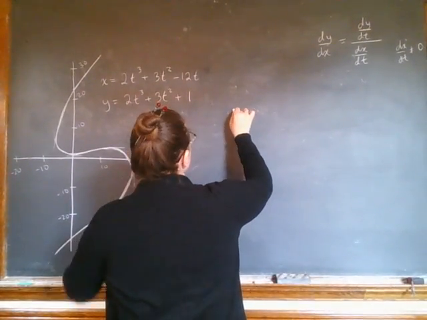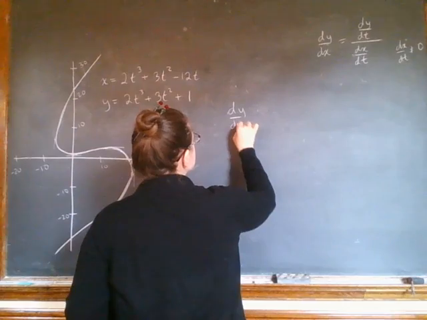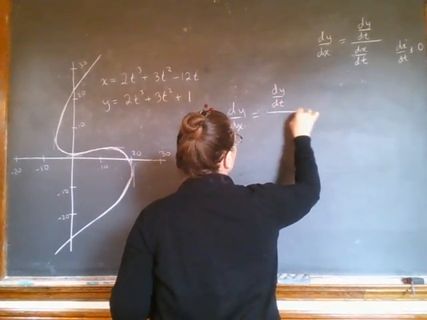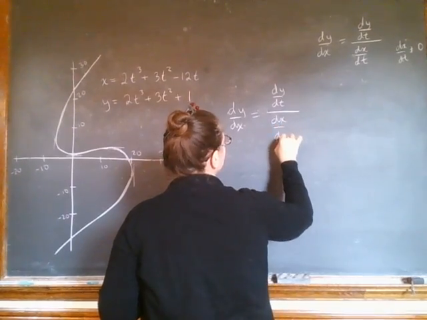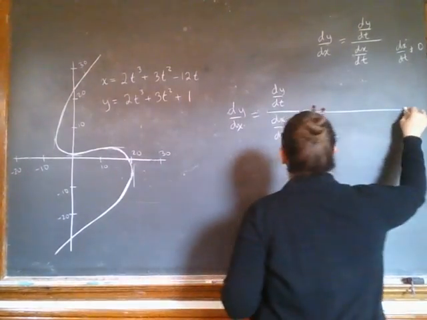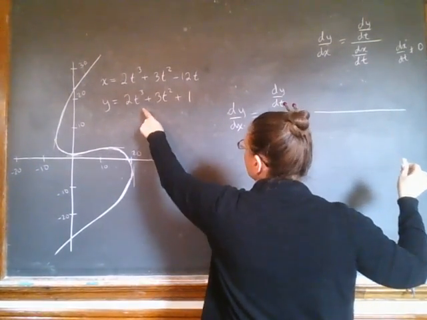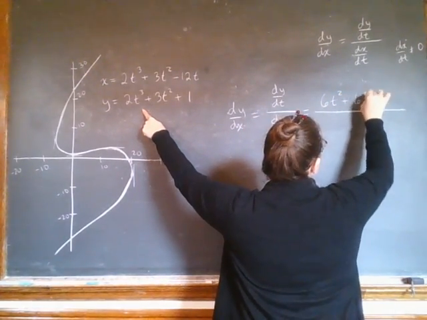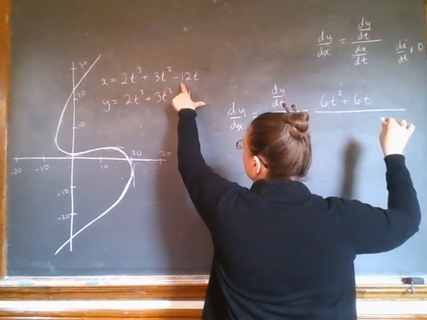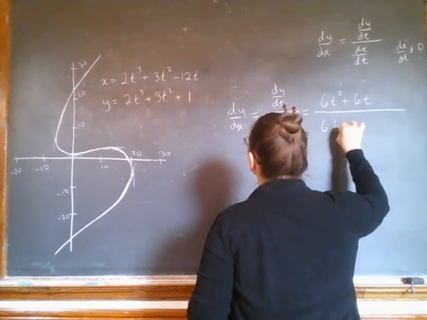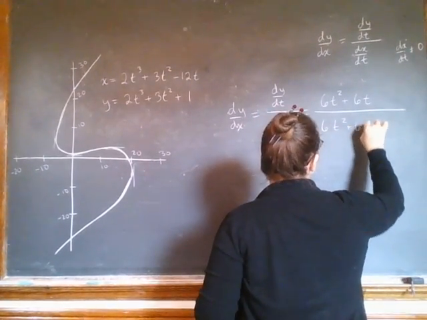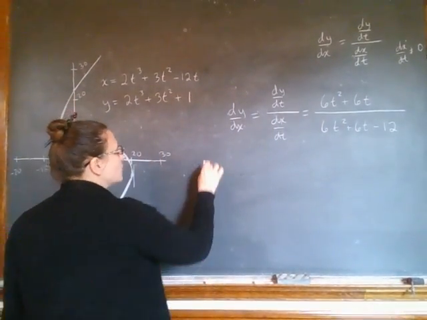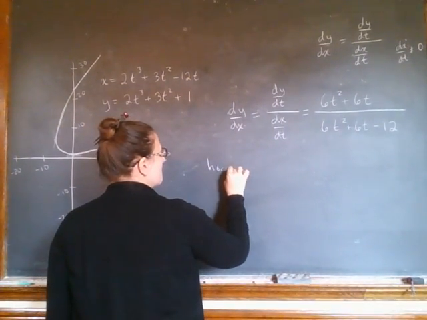So dy, this is the y, then dx/dt is in the bottom. Okay. Fine.